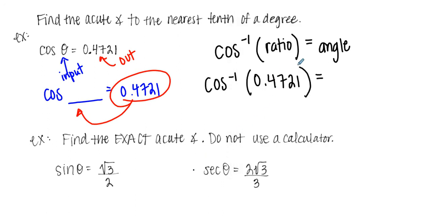So very close to 62 degrees. 61.8 degrees, and that's an approximately. And that's much easier than having to guess our way through it. So 61.8 degrees is the approximate angle that's going to give you 0.4721 as a trig value for that angle.